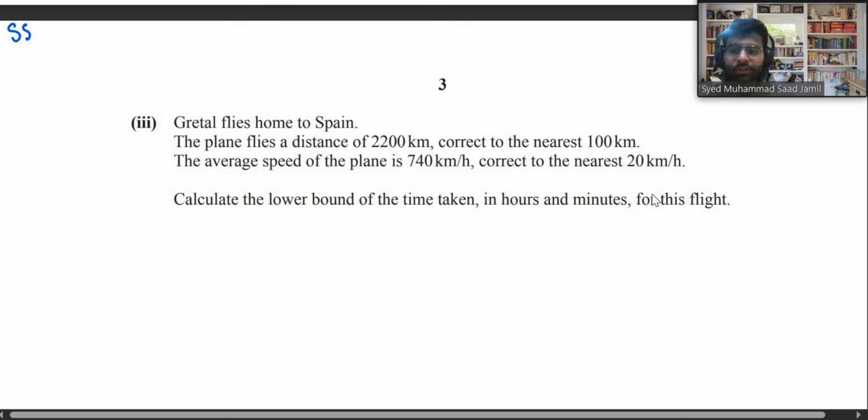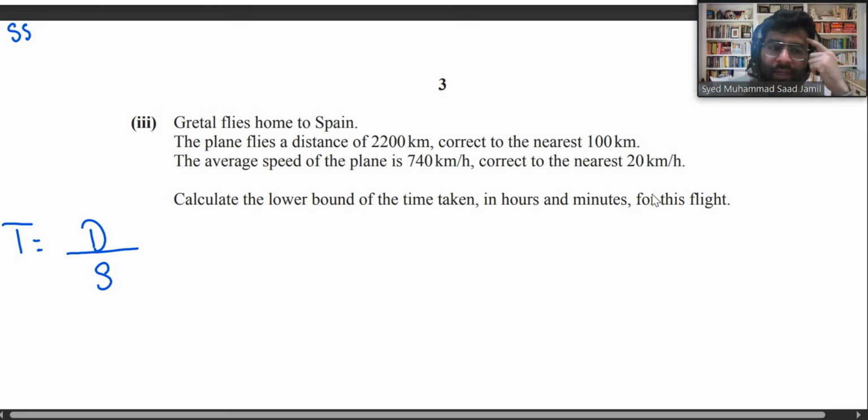So look, first of all, the formula for time is distance upon speed. Now if you think a bit logically, do you agree that the value of time will be smallest when distance is low and speed is high? If you are covering a short distance at a very high speed, time will be low. Use common sense.